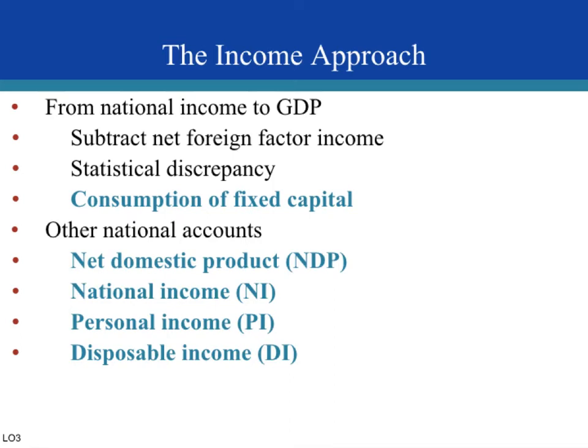Again, this is the income earned by Americans overseas minus the income earned by foreigners in the United States. So national income essentially is what Americans earn for working, acquiring capital, land, and for their entrepreneurial talent, whether it's here or abroad.